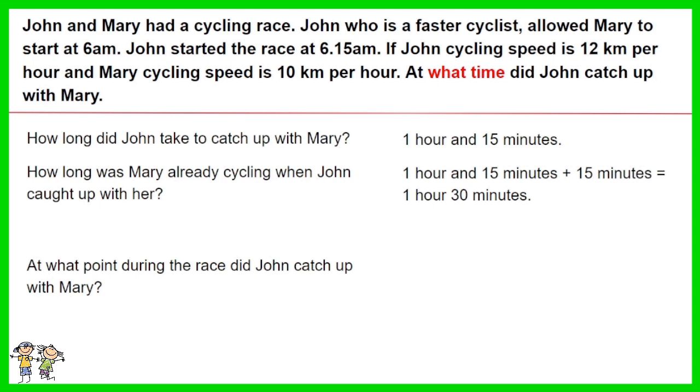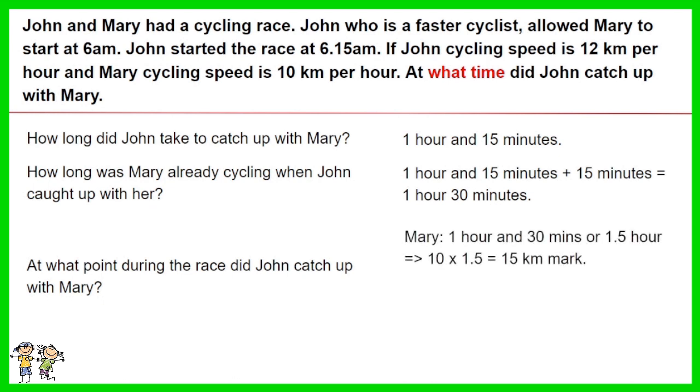You may be asked, at what point during the race did John catch up with Mary? You can derive the answer by calculating the distance Mary covered or John covered when John caught up with Mary. Let's calculate using Mary's data. Since Mary already traveled 1 hour 30 minutes or 1.5 hour when John caught up with her, the distance she already covers is 1.5 multiplied by her speed of 10 kilometers per hour, which gives you the answer of 15 kilometers.